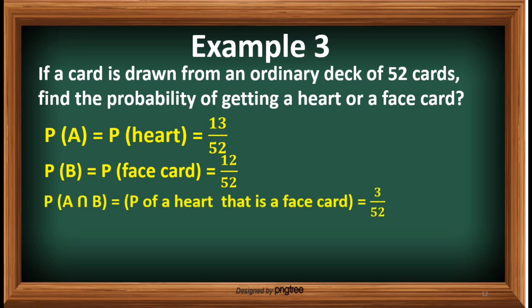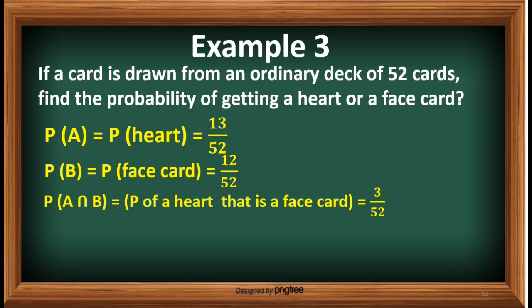And the probability of A intersection B denotes the probability of a heart that is also a face card. Is there a card that is a heart in shape and also a face card?